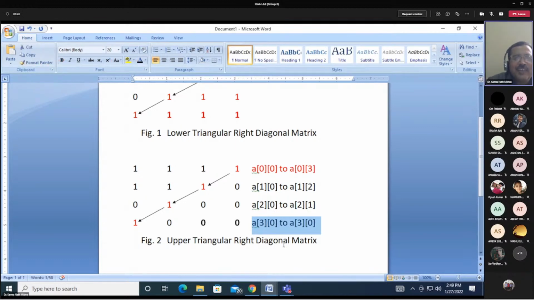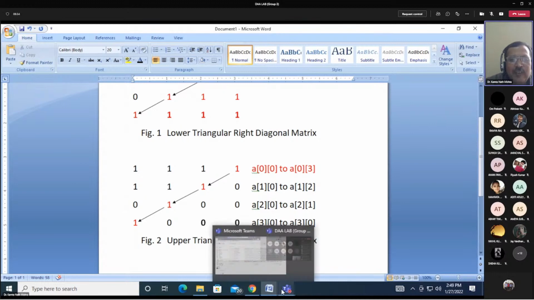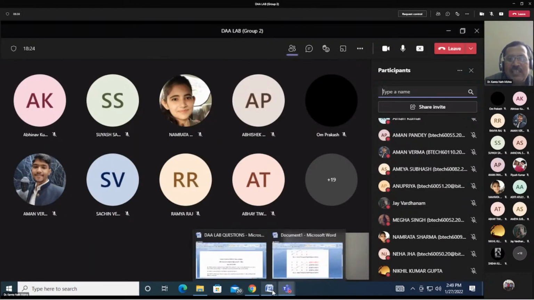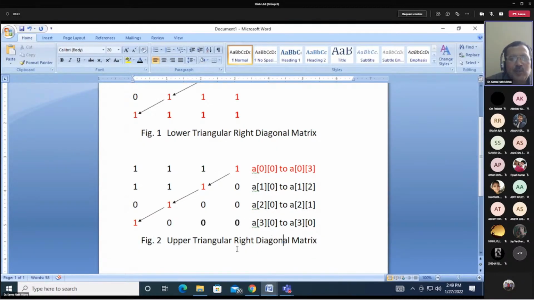I just wrote it. So now on the basis of these, you tell me what is happening here. Neha Jha, what should be the logic behind constructing the upper triangular right diagonal matrix? Tell me the approach behind it.